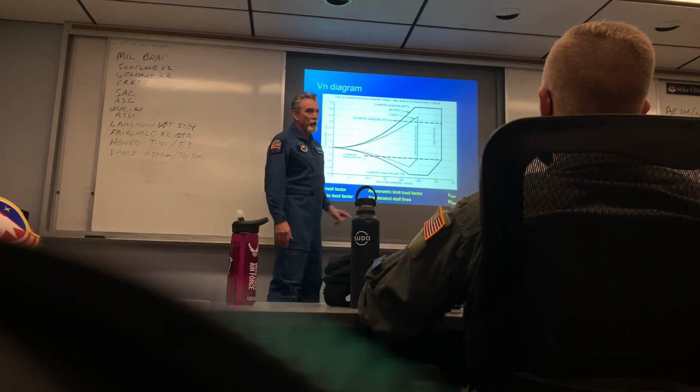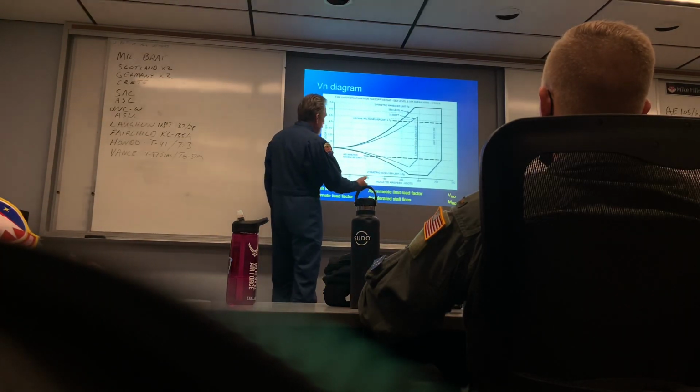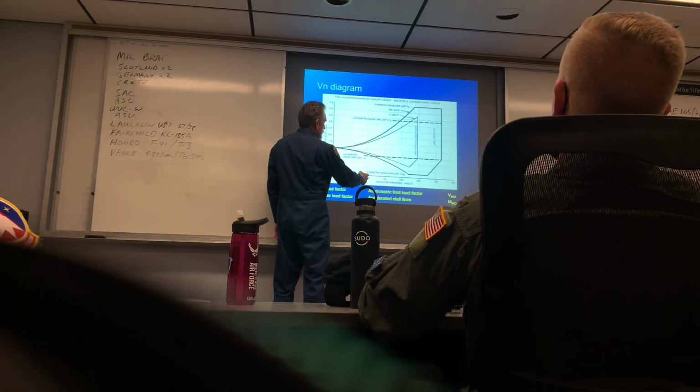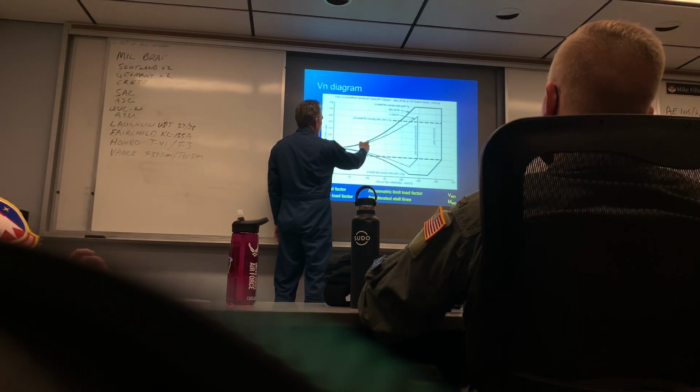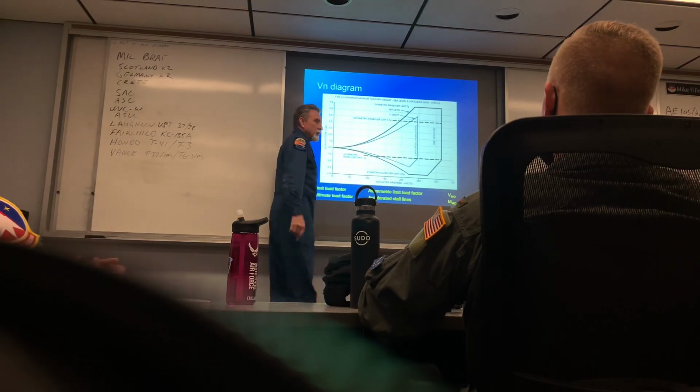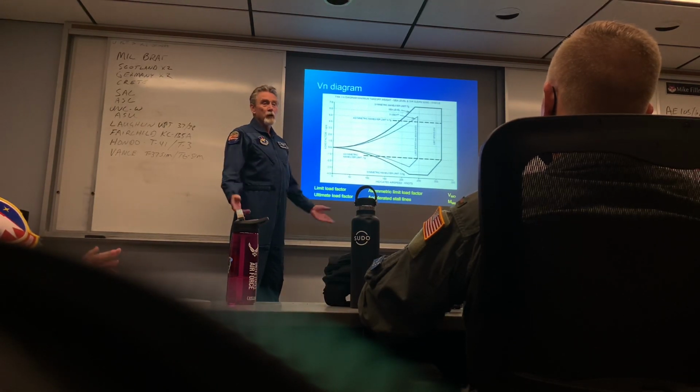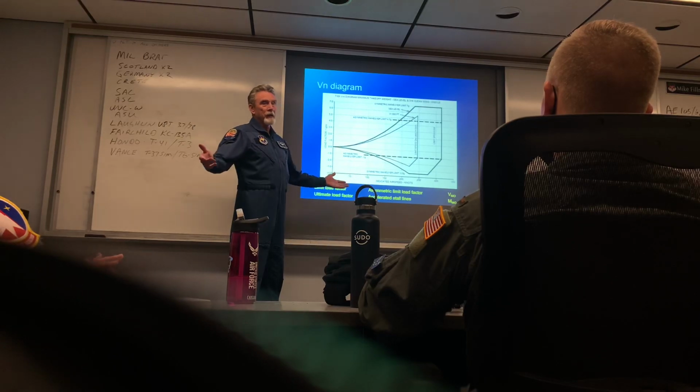So basically what you're looking at here is, if I'm doing 100 knots and I pull over, what, 1.25 Gs, I'm going to stall. I can't break the airplane.